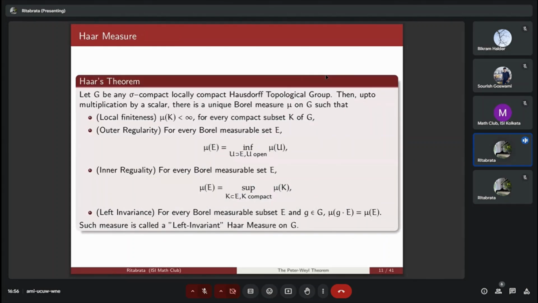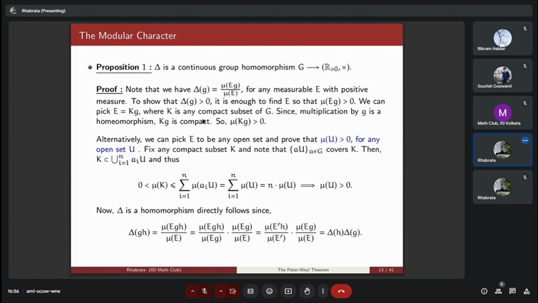According to our construction, this Haar measure is positive on every compact set. We'll use this. So it is enough to find E so that mu of Eg is greater than 0 and mu of E is also greater than 0. We can pick E to be Kg where K is any compact set.